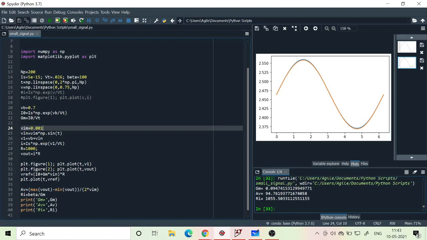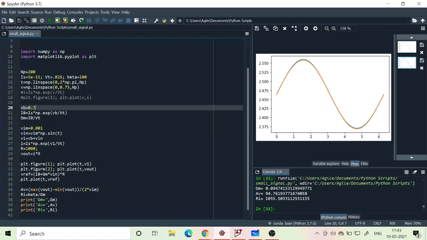How much the gain is is determined by where your DC voltage is. The DC voltage will determine your gain, because it will determine your gm and your input voltage. All of these quantities will be determined by your DC voltage. Right now, your output voltage swing is going from 2.3 to 2.5.